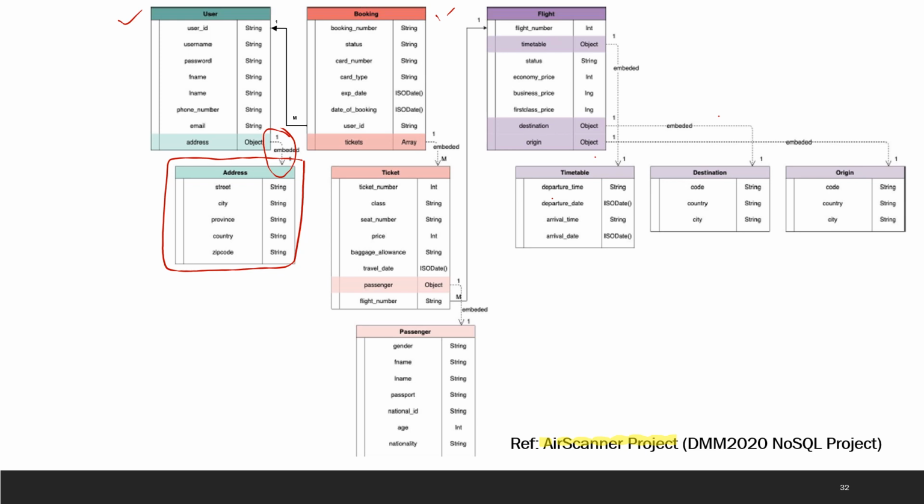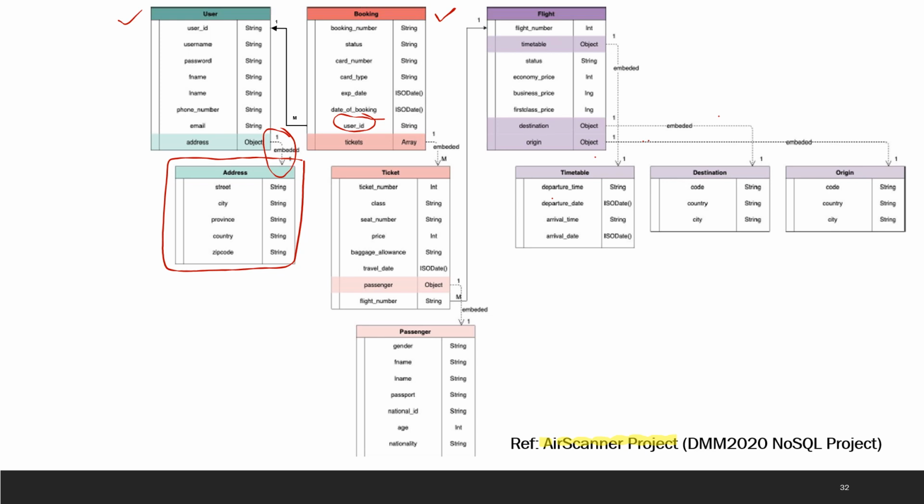Okay. At the same time, you could see here the collection booking, which describes a booking that a user makes about the airline tickets and so on. For a booking, we have booking number, booking status, and so on, right? And we have also who makes the booking, which user.